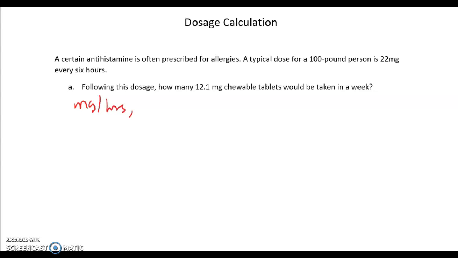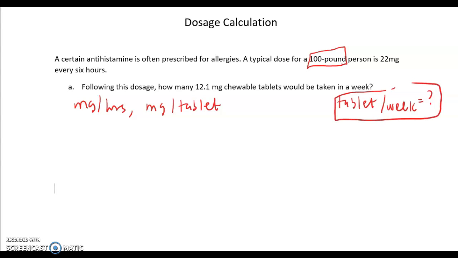We also have milligram per tablet. We were given some weight as 100 pounds, but that will not help us in any way to arrive at our final unit, which is tablet per week. We want to have our final unit as tablet per week.